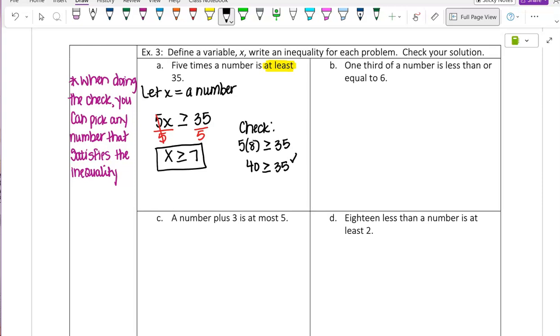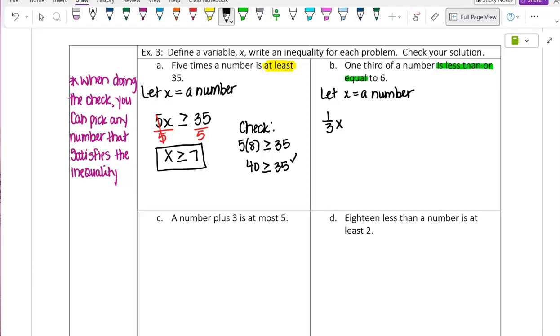B, 1/3 of a number is less than or equal to. So there's our inequality phrase, less than or equal to. They went ahead and used the wording for the symbol. So again, we're going to let x equal a number. And then 1/3 of a number is telling me to do 1/3 times.